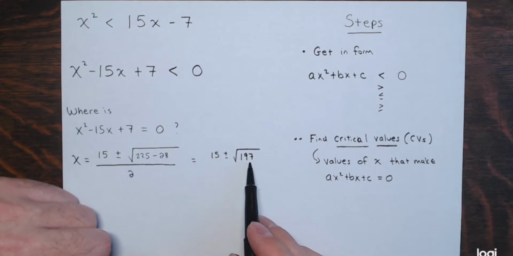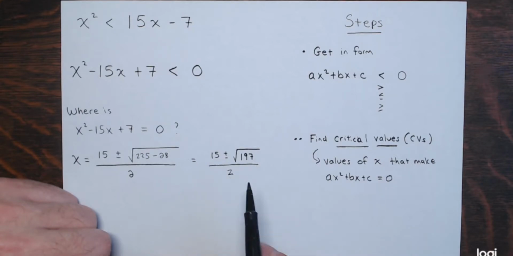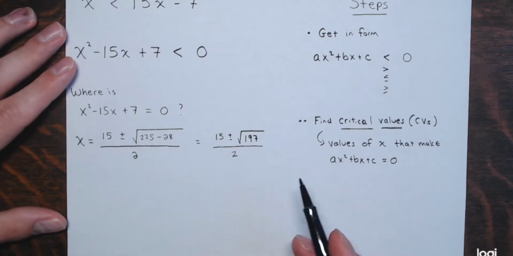Yeah, it's not a multiple of 13. And I believe that's it. Alright, so then all this divided by 2. Alright, so this gives me 2 solutions.